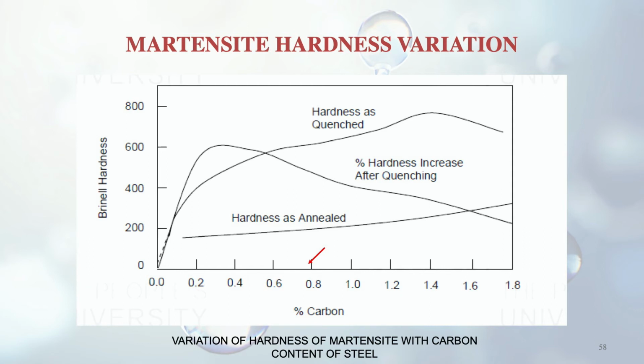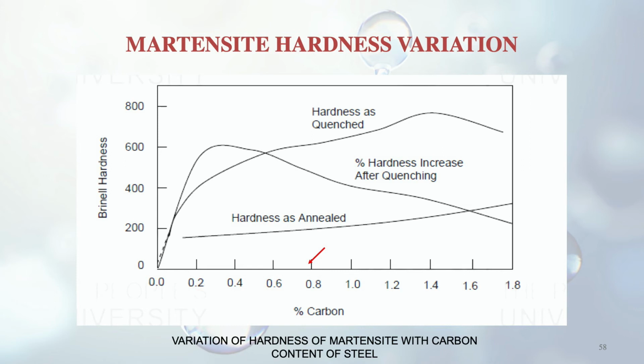In case of the quenched curve, the rate of increase of the hardness is high. It is increasing quite largely, and it goes up to a certain percentage of carbon, 0.8% you can see. Then it stabilizes somewhat, and further it increases, and after that it comes down. Then you see the curve of the hardness as annealed.